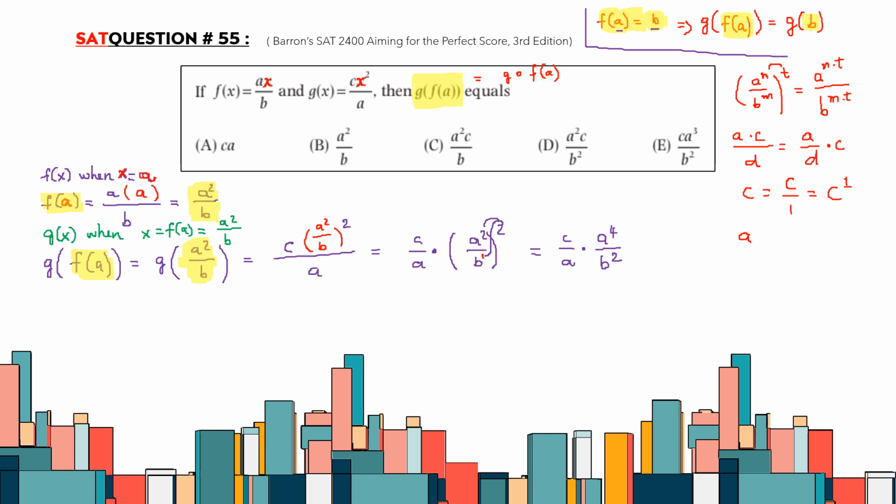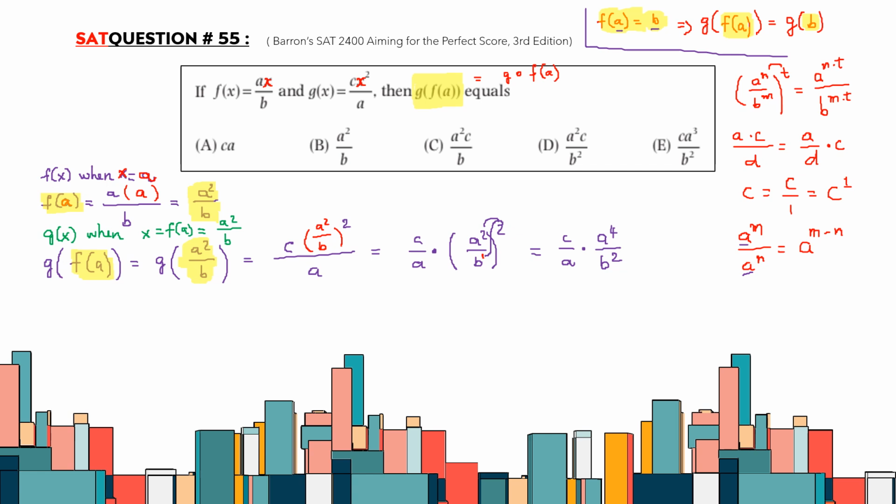Now if we have a to the power of m over a to the power of n, that equals a to the power of m minus n, if we have the same base a. We subtract the power of the denominator from the power of the numerator.